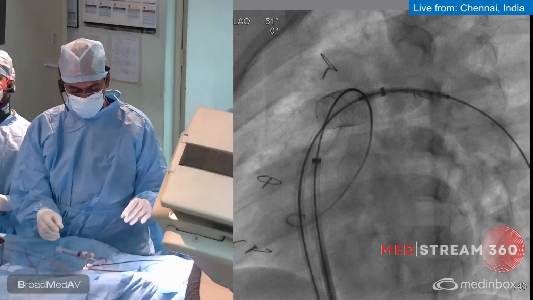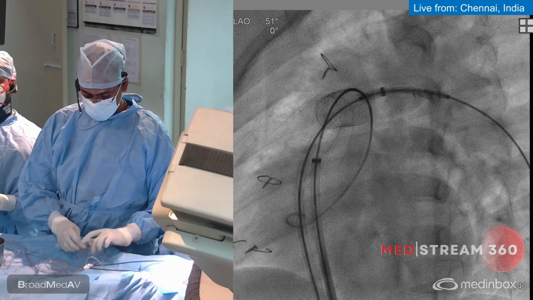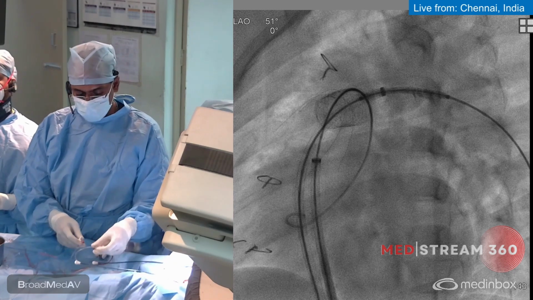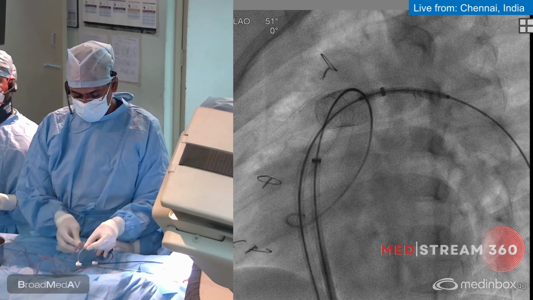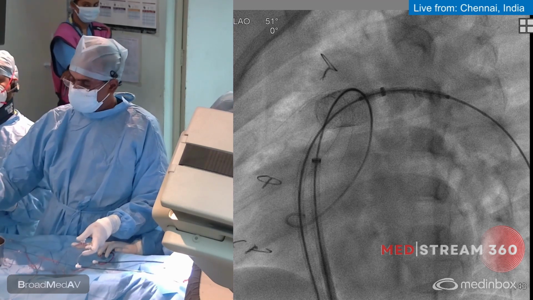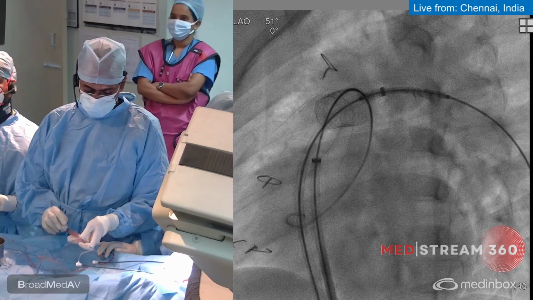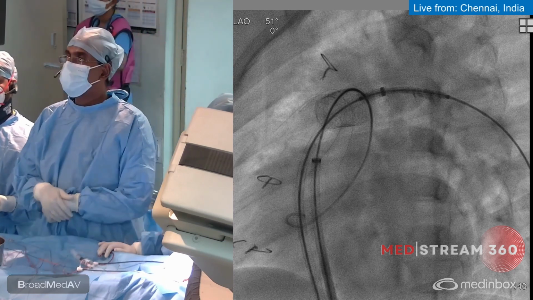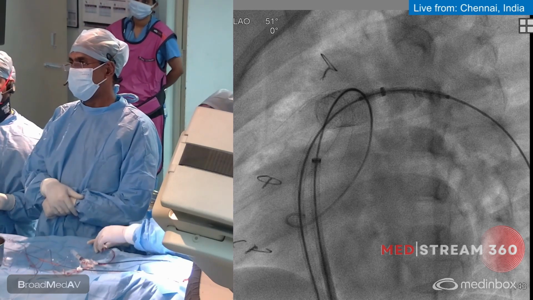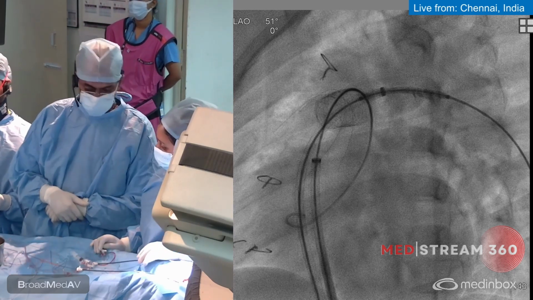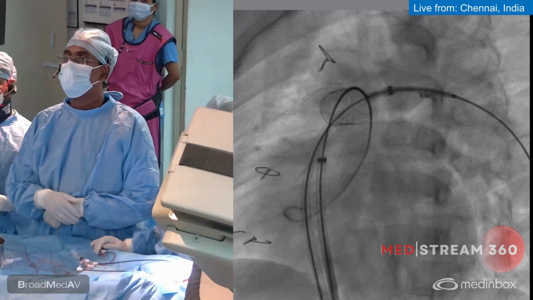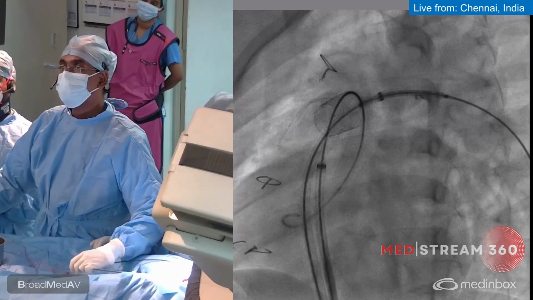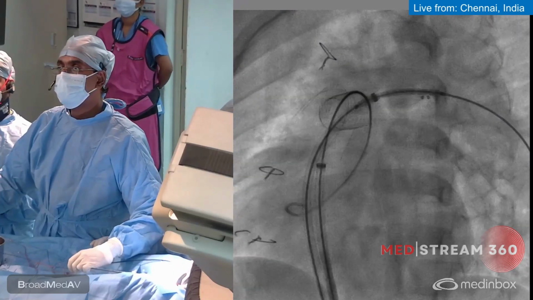It's going a little deeper. I will come again on pressure guidance. So I'm connecting the left pulmonary artery sheath to pressure. We are recording low pressures now. It indicates that we have still not opened out the stenosis. So now I'm coming.